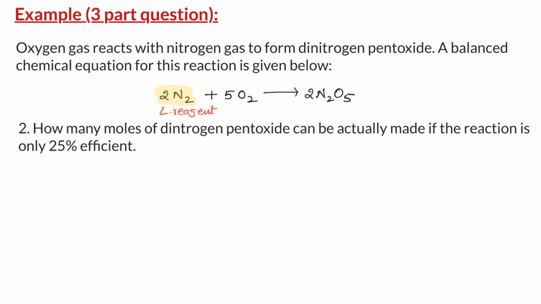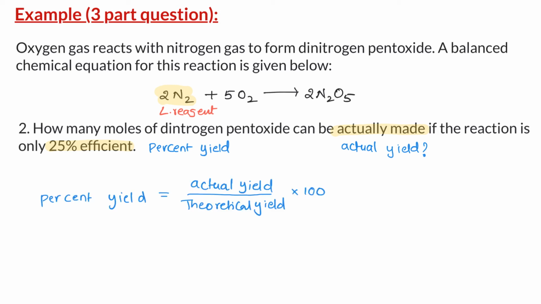Question number 2. How many moles of dinitrogen pentoxide can be actually made if the reaction is only 25% efficient? The 25% efficiency represents the percent yield of the reaction, and we need to calculate the moles of N2O5 actually made, that is the actual yield of the reaction.